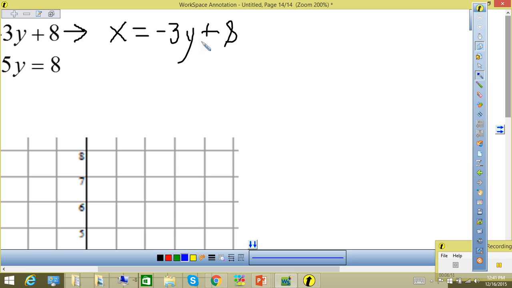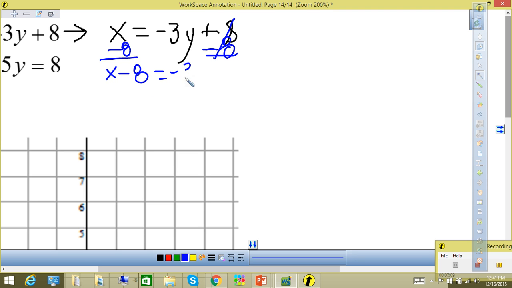Solve for y, which means what? Very good. Subtract 8. Subtract 8. We're left with x minus 8 equals negative 3y. Divide by negative 3. Divide by negative 3. What do we have left?